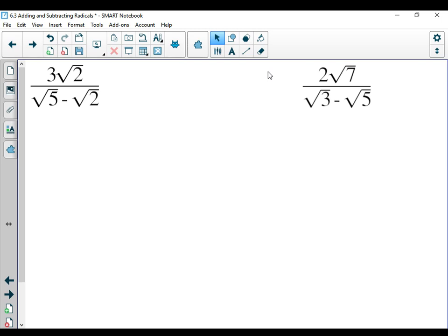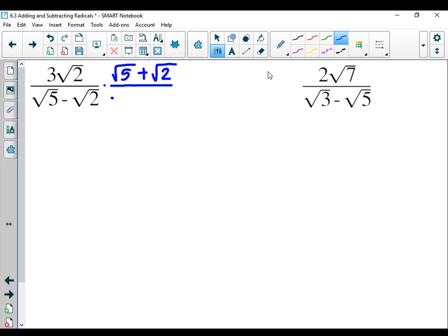Well, if I want the radicals to disappear, all I have to do is do the conjugate, okay? So, looking at the first one, I'm going to simply just multiply by the square root of 5 plus the square root of 2. Okay, the only sign that changes is the one in the middle of the 2.